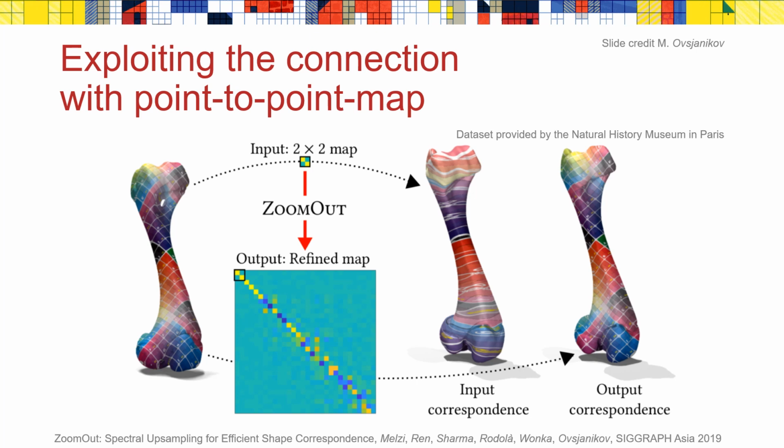The second solution to the high frequency representation problem that I want to present is based on the connection between the functional maps and the point-to-point map, namely the zoom out method that was recently proposed.